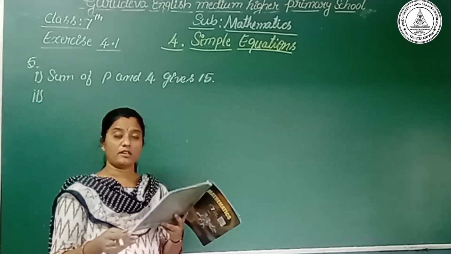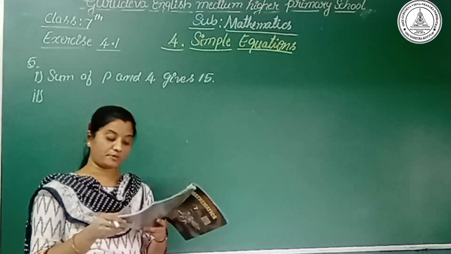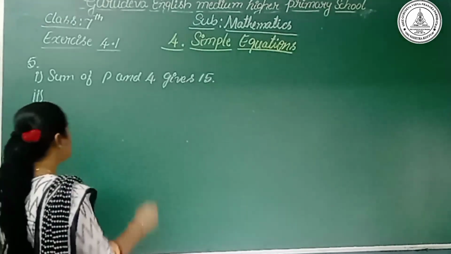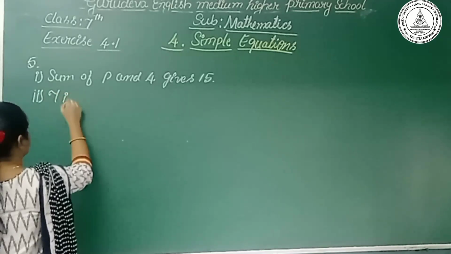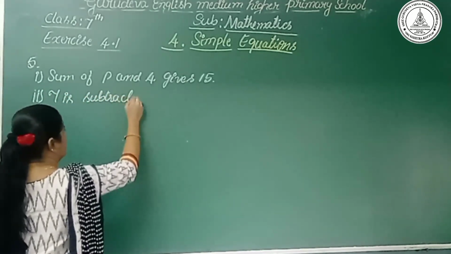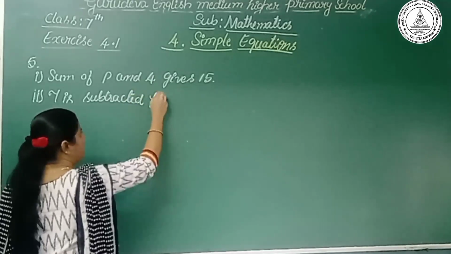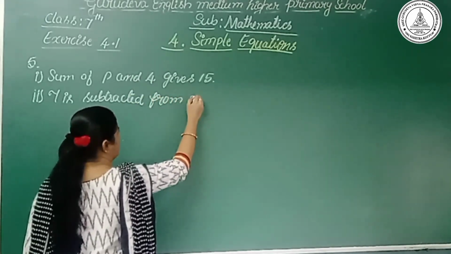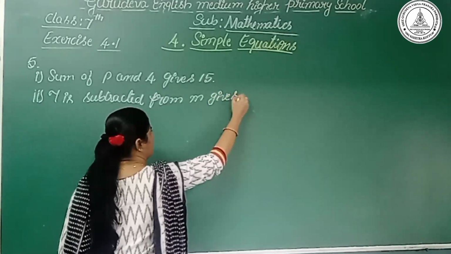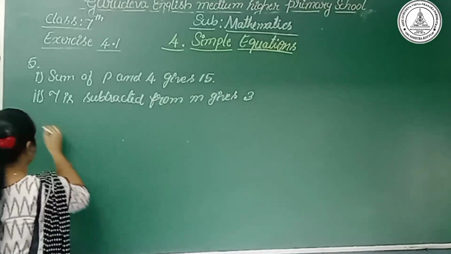Then the second equation is m minus 7 is equal to 3. So m minus 7 is equal to 3 means 7 is subtracted from m gives 3. Okay, write down: 7 is subtracted from m gives 3.